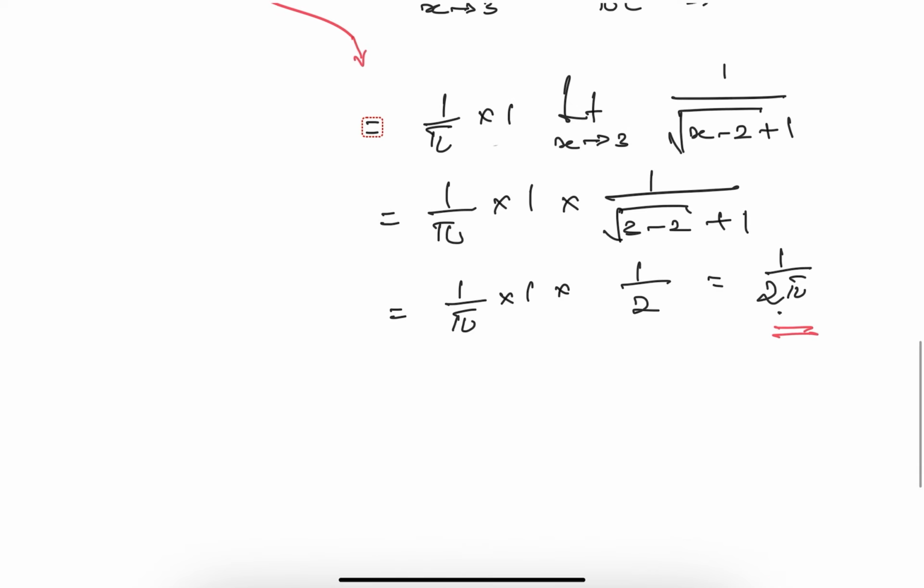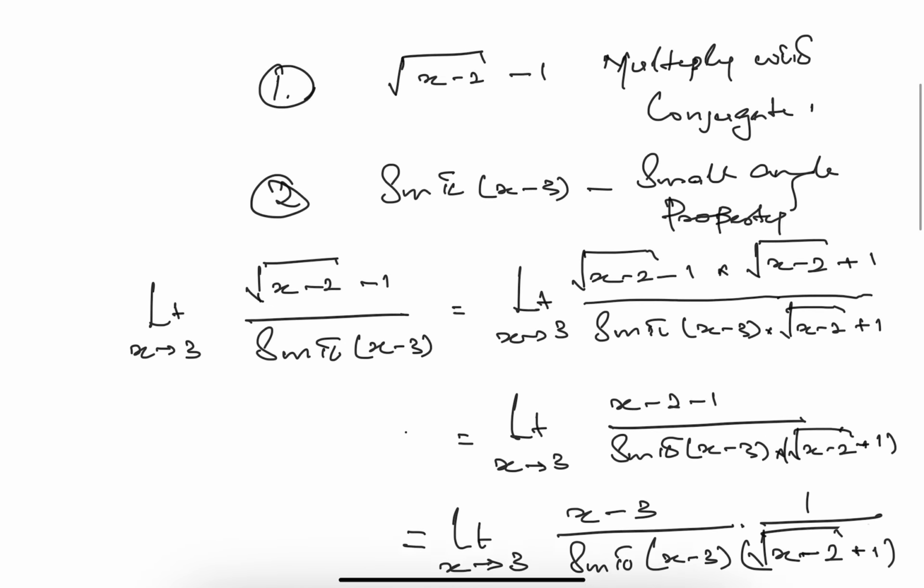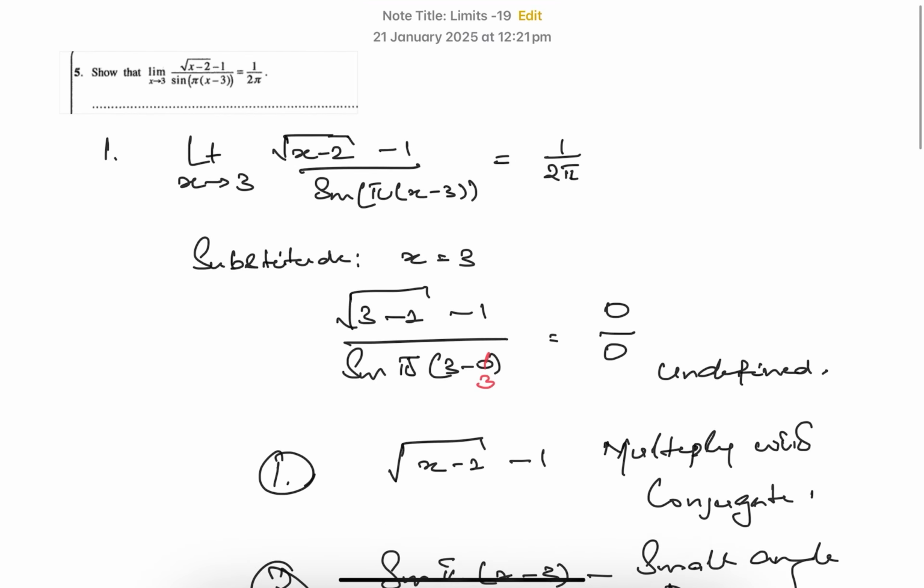We can substitute x equals 3. 3 minus 2 is 1, plus 1 will be 2. So 1 over pi times 1 times a half is 1 over 2 pi. This is exactly what we were asked to prove, the limit of that function.